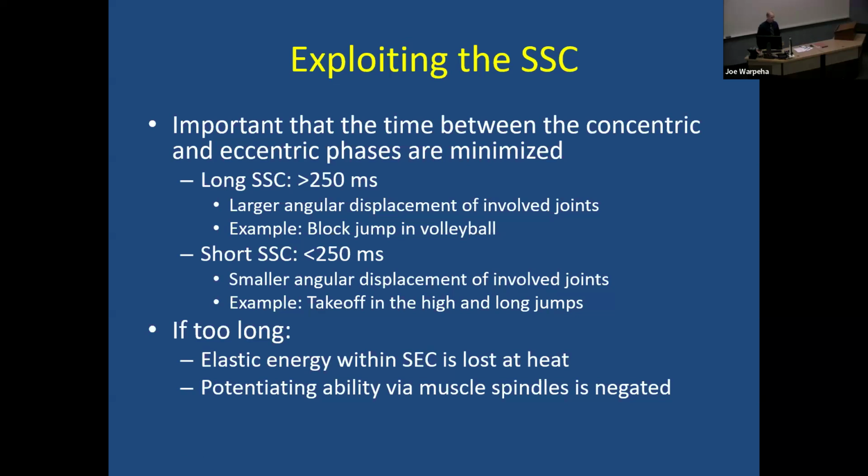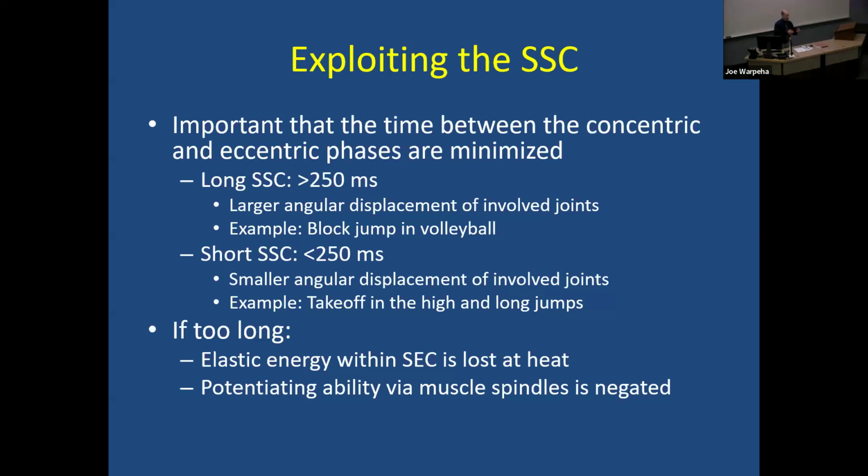If it's too long, and this is why your 1 rep max in the bench press will always be less if you do a pause at your chest, that elastic energy that's stored in the series elastic component gets lost as heat. So you're not going to be able to take advantage of that. And the potentiating ability of the muscle spindles is also lost. It's negated. I mean, you're still going to be able to produce a lot of force and lift the weight or jump or do whatever you're going to do.